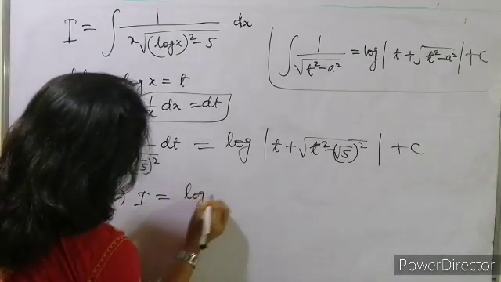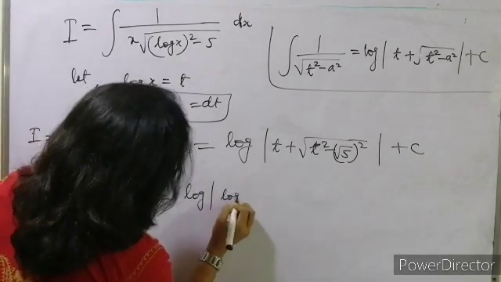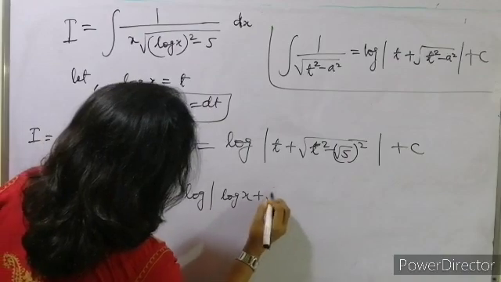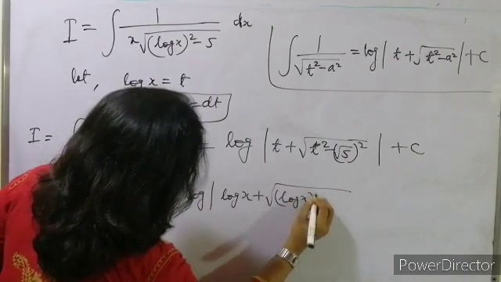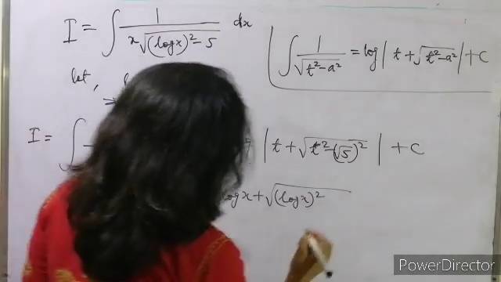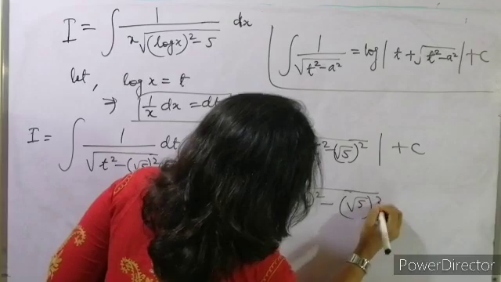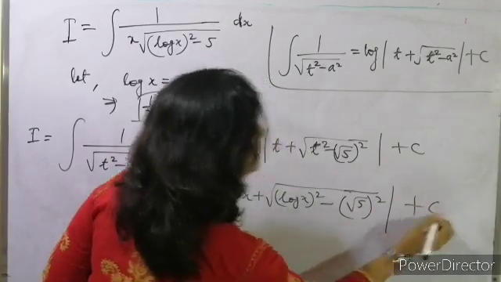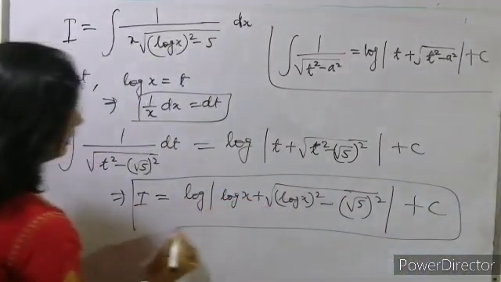So log of t का वैल्यू is log of x plus square root of log of x का whole square minus square root of 5 का whole square plus c. Okay, so this will be the integral, this will be the value.